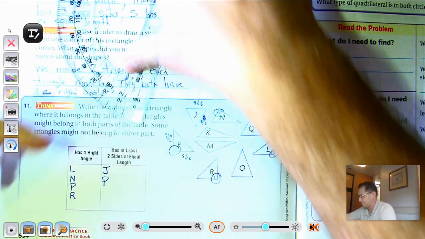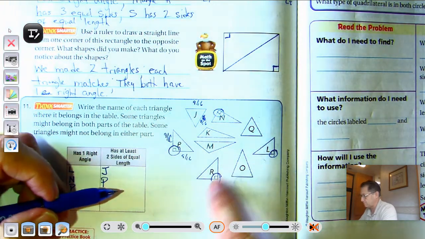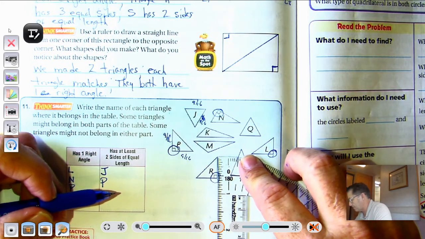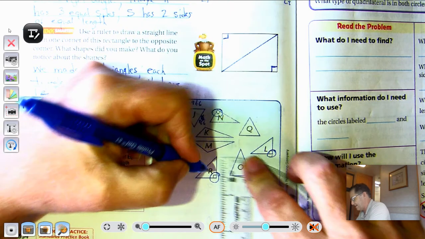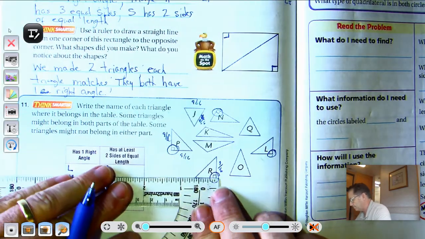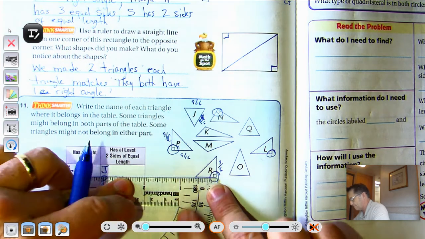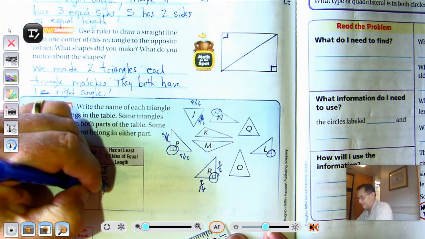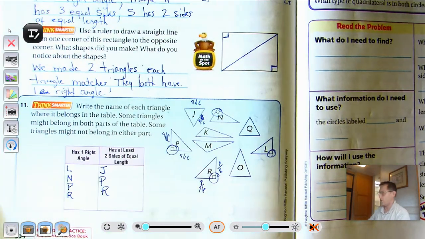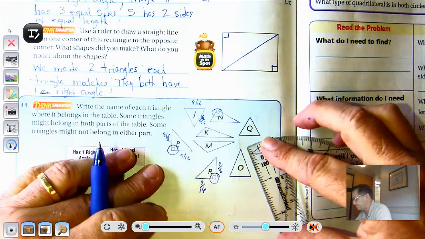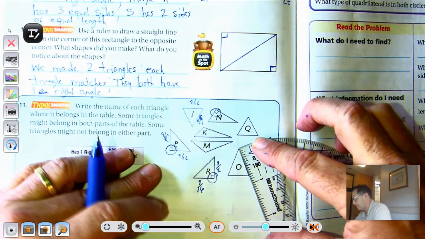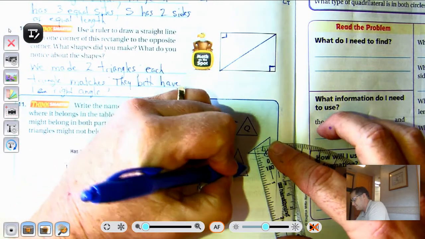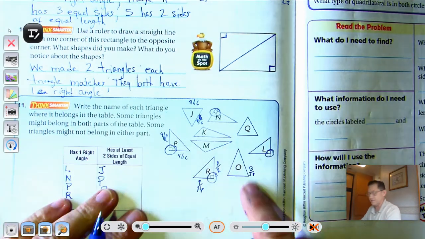So P. How about R? Are those 2 sides equal? 8, 9. So R has at least 2 sides of equal length. How about O? Are those 2 of equal length? So 8, 9, 10, 11, 12, 13. I know it's not equal to that one.